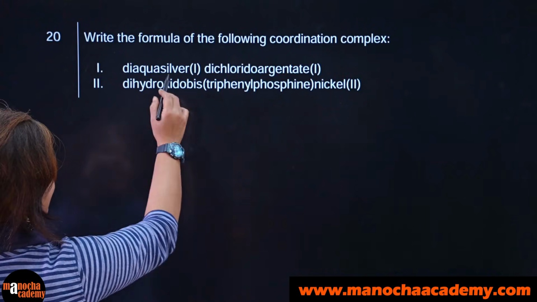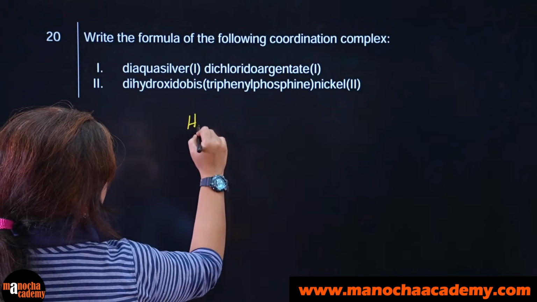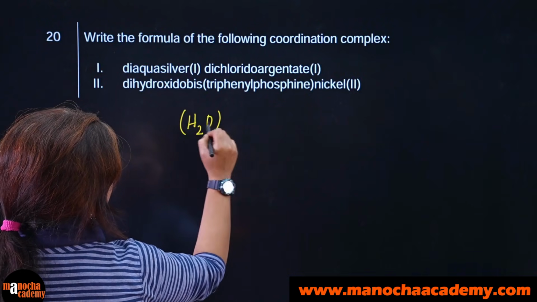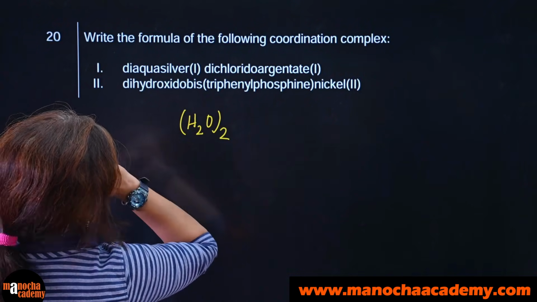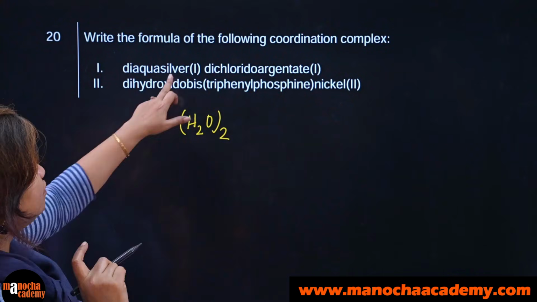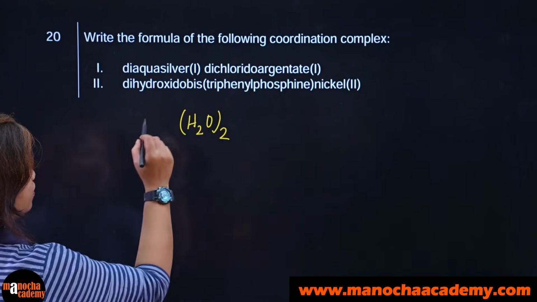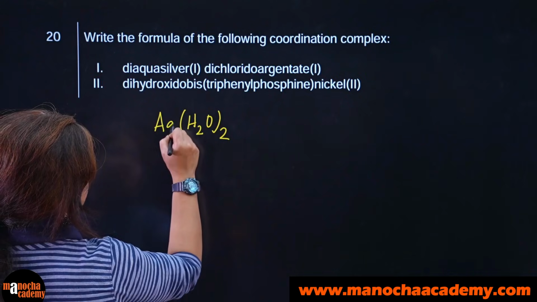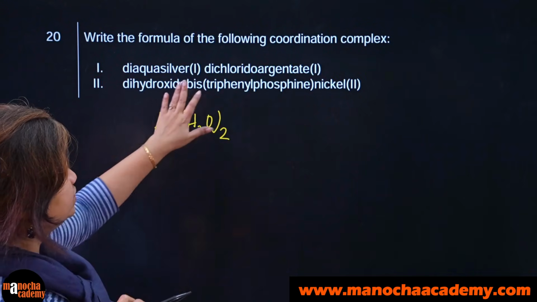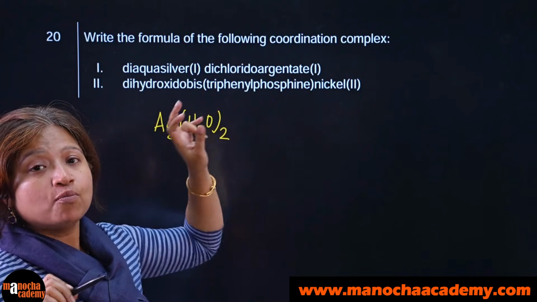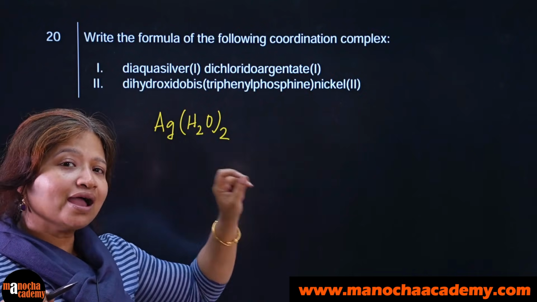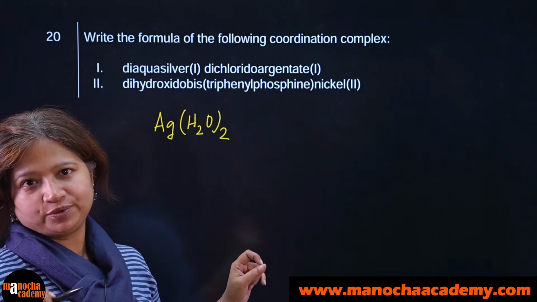Diaqua means water. Di means 2, I write it down. Then diaqua silver 1 is given. So silver is here, I write silver. Since you have another one, argentate, we know that in this case both the cation and the anion are coordination spheres.